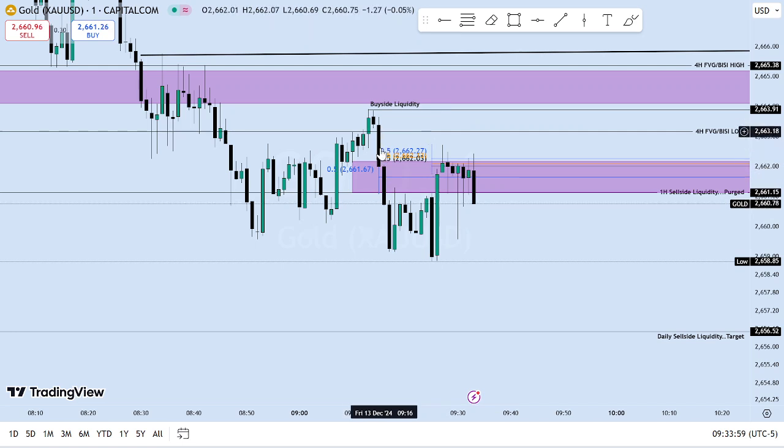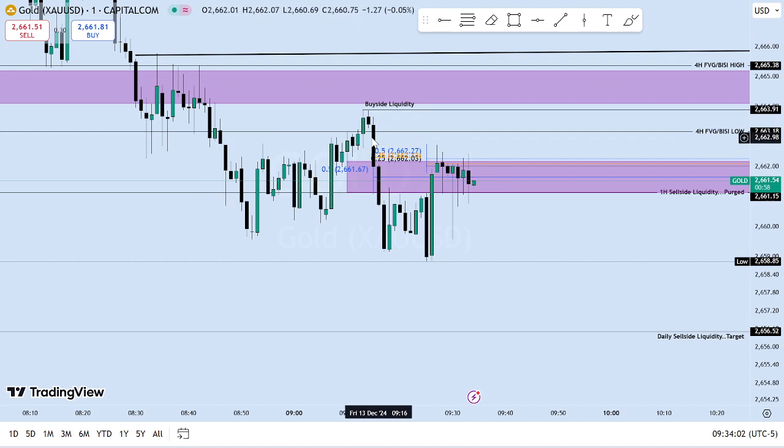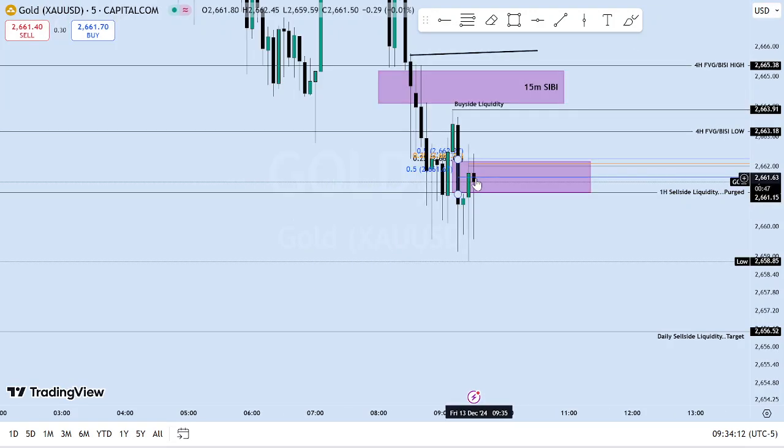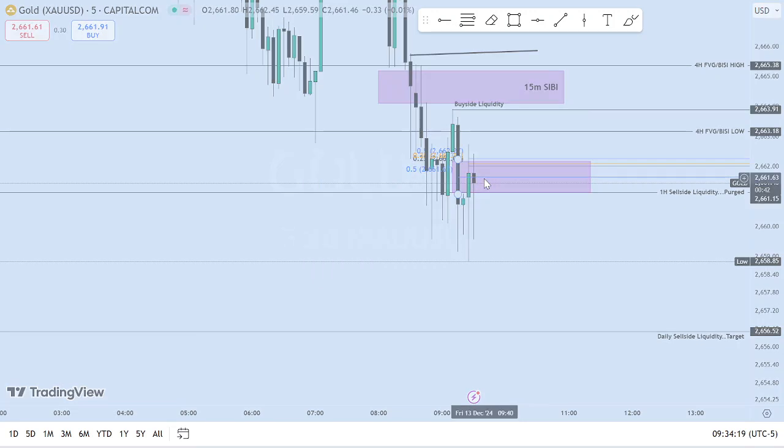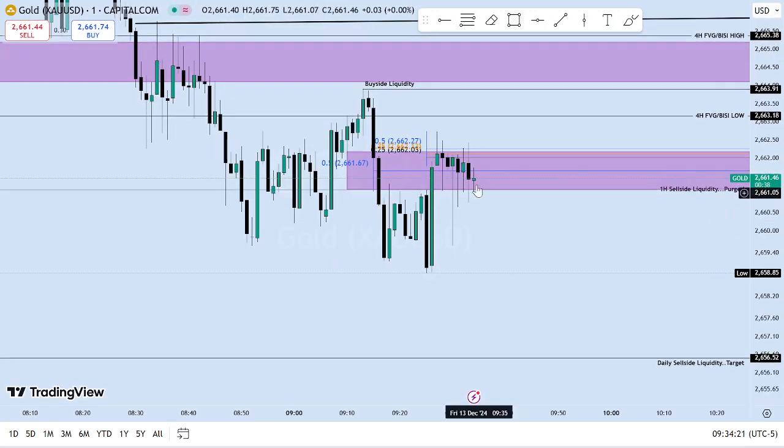When you see a gap like this, 1, 2, breakaway gap. Trading at the 50% of the CB, 5 minute CB. 1 minute is trading below it.